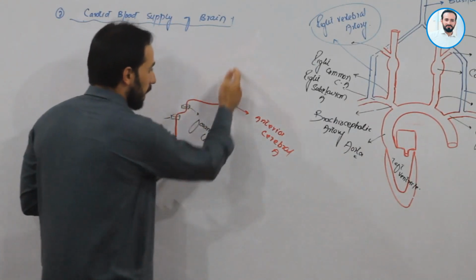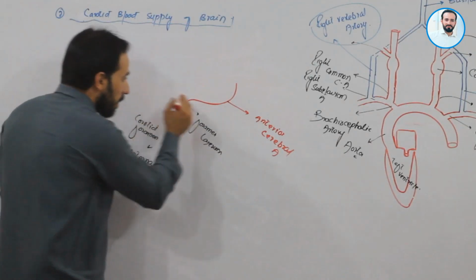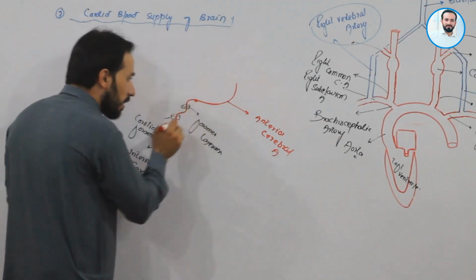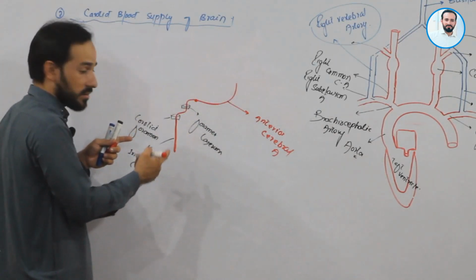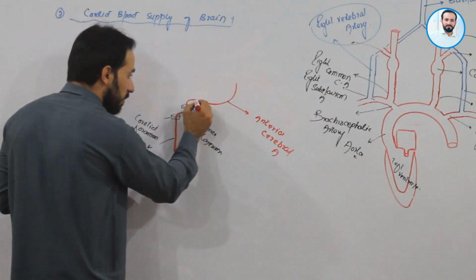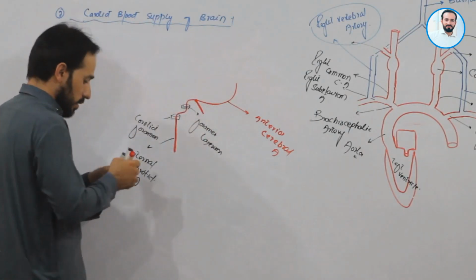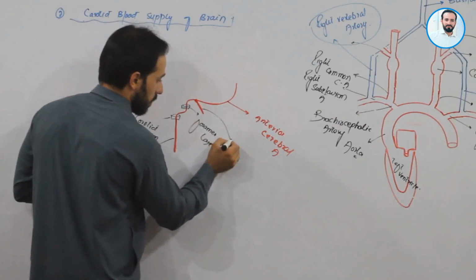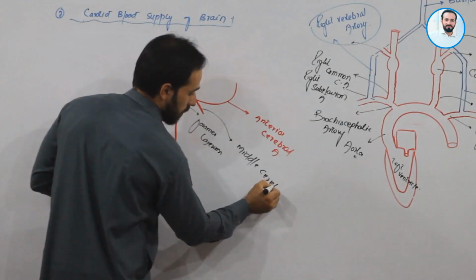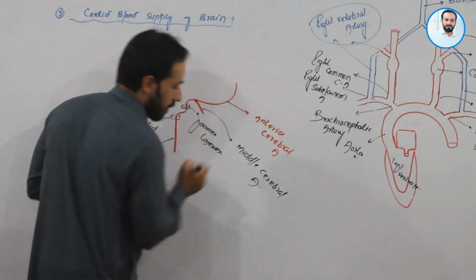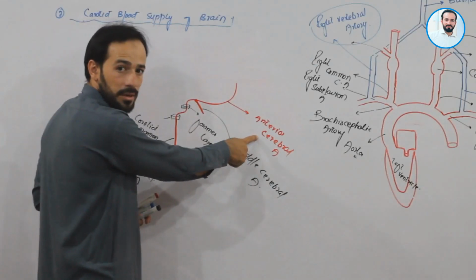Okay, it moved anteriorly. This is called the anterior cerebral artery, and at this point there was that artery which you saw in the previous diagram, and that was the middle cerebral artery. So this one is the middle cerebral artery. Clear? This one is our middle cerebral artery. Clear, friends? Middle cerebral artery, anterior cerebral artery.